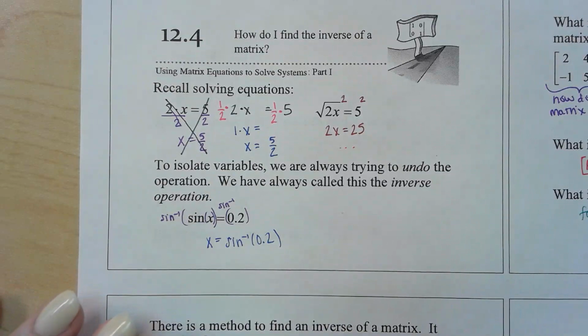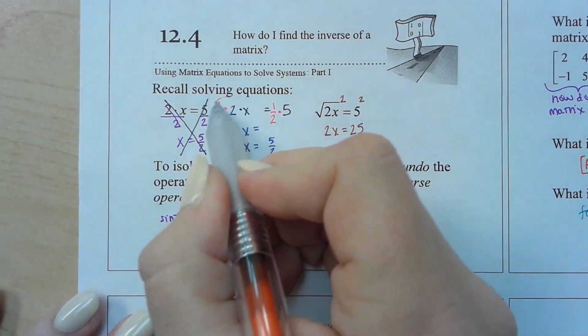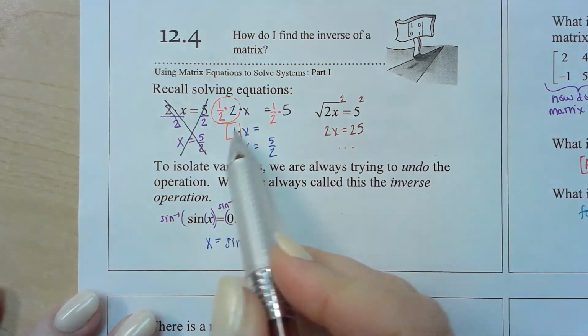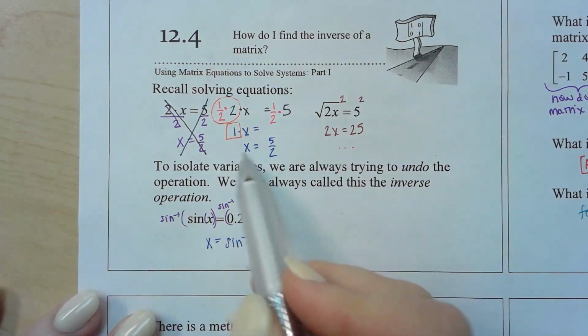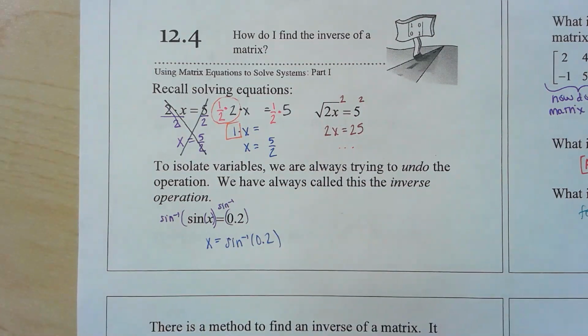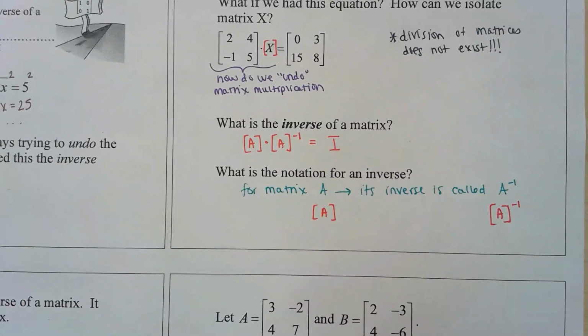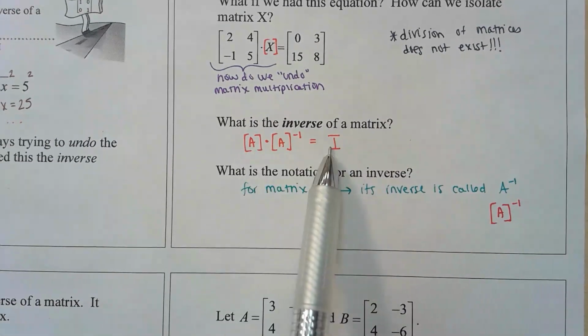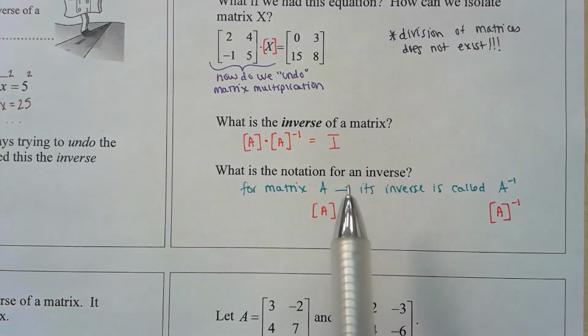Remember how I said back here, if I multiply 1/2 by 2, I get a 1. And we said, oh, multiplying anything by 1 just gets you right back to where you were. That's that idea of the multiplication identity property. So the inverse of a matrix is the matrix that we can multiply the original by that will give us the identity.